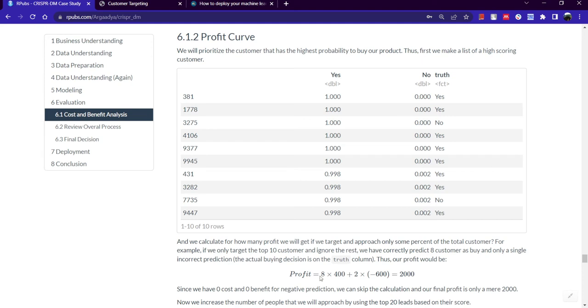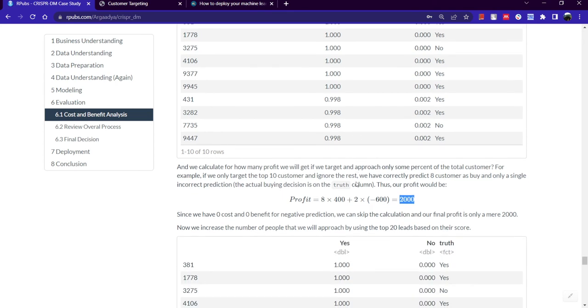So in this case, we're going to make a profit of 400 from 8 customers only. And then for the other two, we're going to actually lose the 600 that the company is going to put in to approach these customers. Those will yield a negative loss, and finally the profit is going to be 2000 if we approach the top 10.